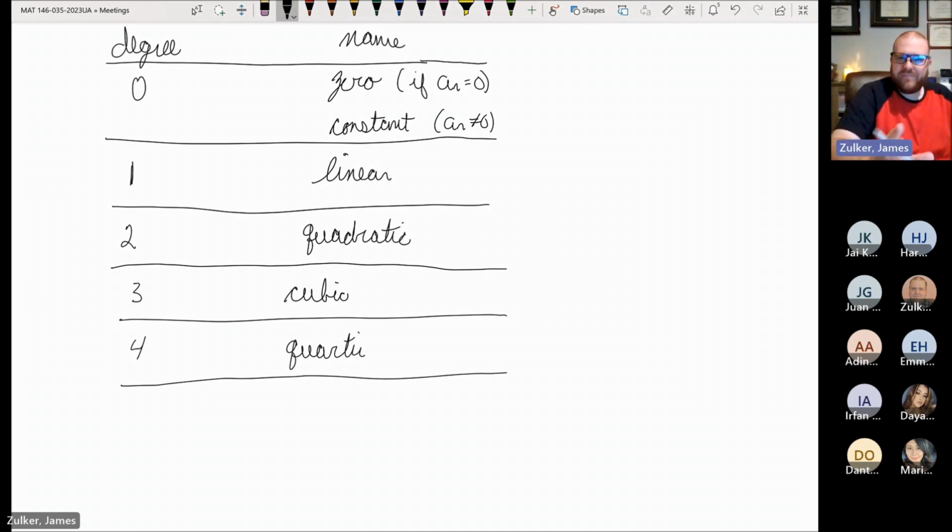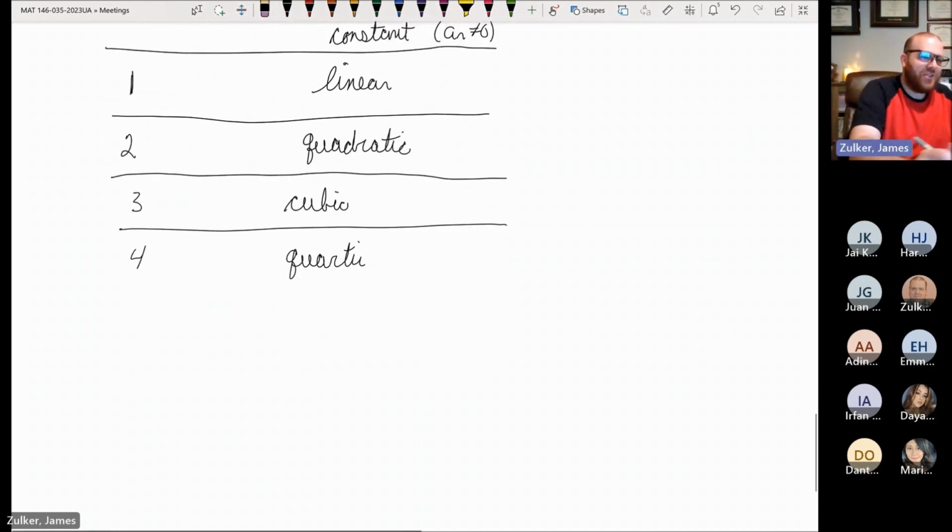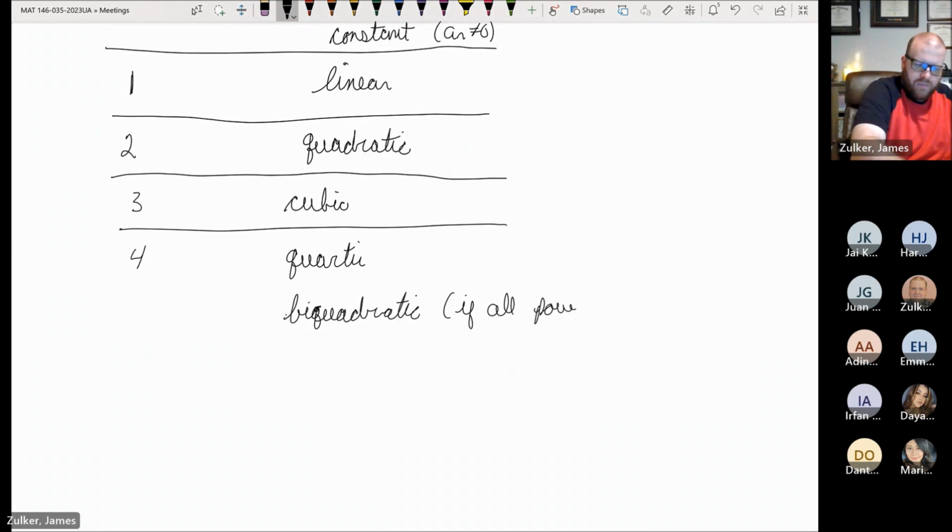Or, as a special case, this I actually just learned, biquadratic if all the degrees are even. Right, so it'd be like ax to the 4th plus bx squared plus c.